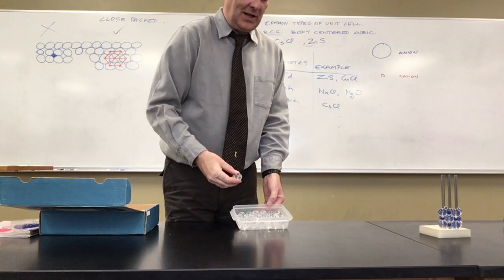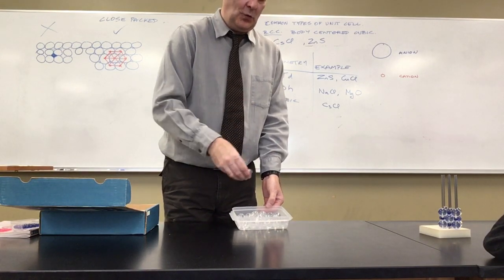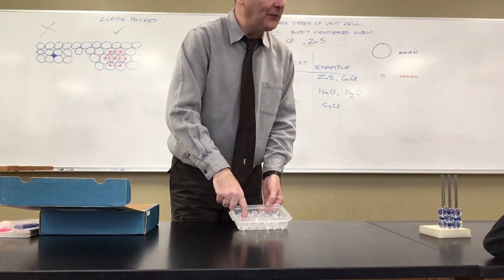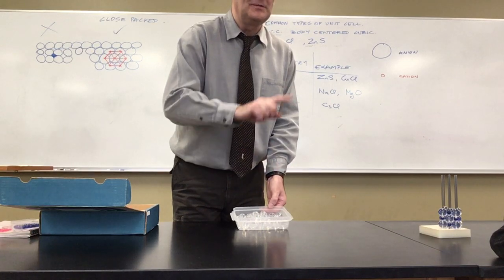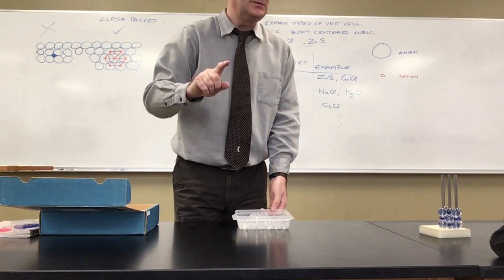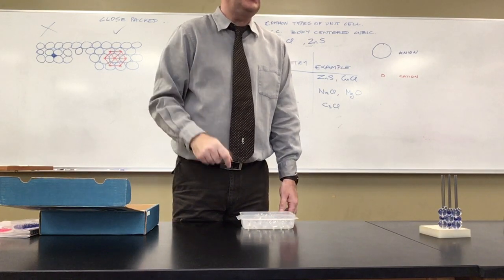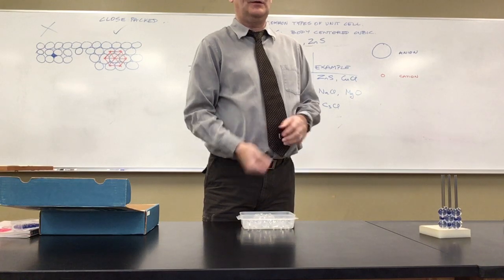when we get to the second layer, the third layer has a choice. Do I go in the dimples that are immediately above the first layer, or do I do it in an offset position? Because one of them is going to give us octahedron, and the other one's going to give us tetrahedron. And we will deal with that on Thursday.